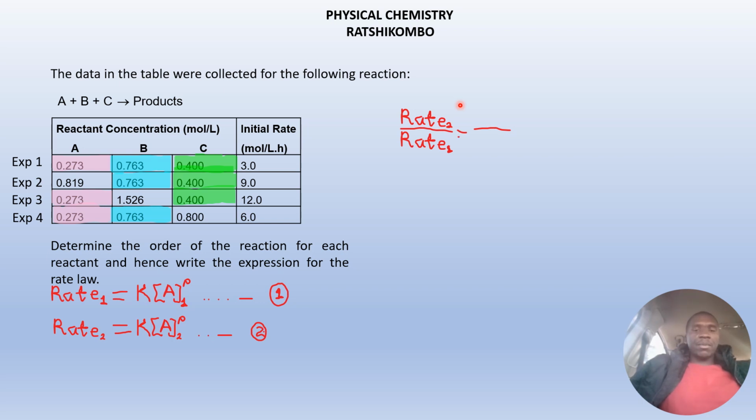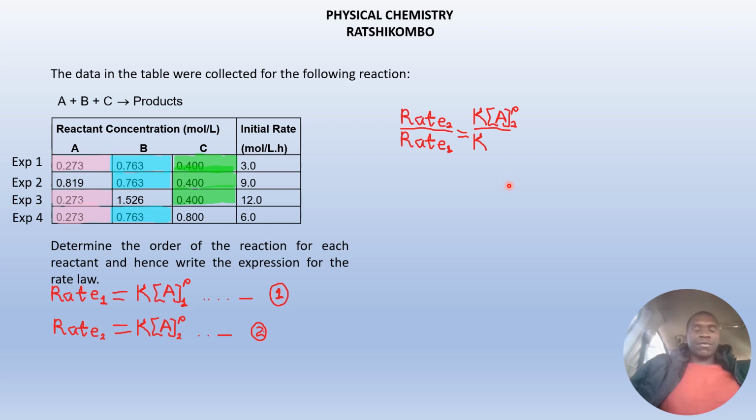Rate 2 divided by rate 1 is going to give us this part, k[A2] to the power p, divided by k[A1] to the power p, right?